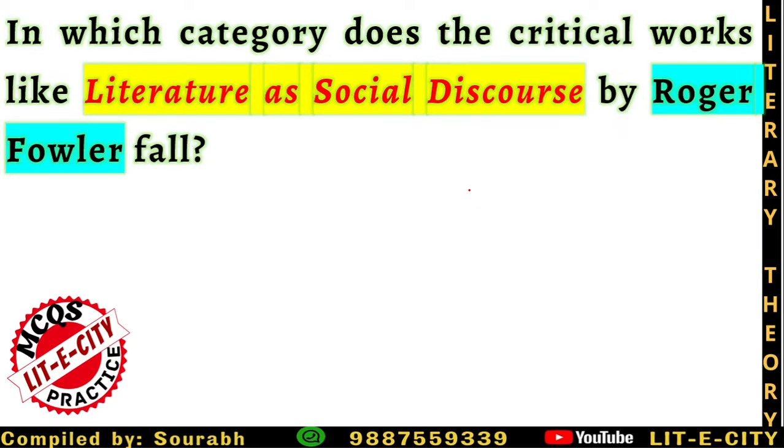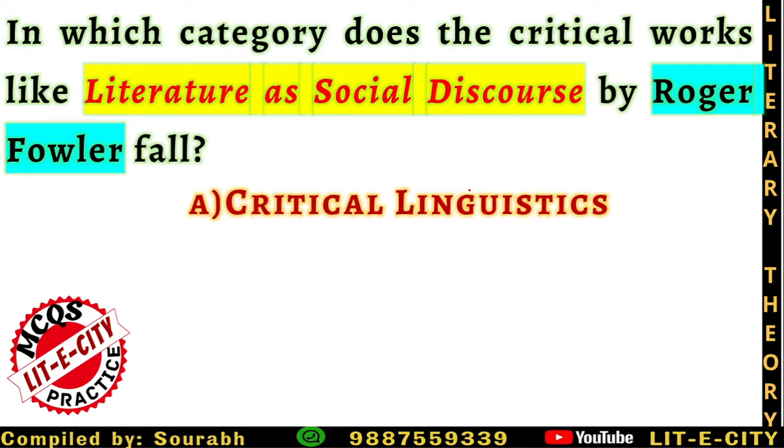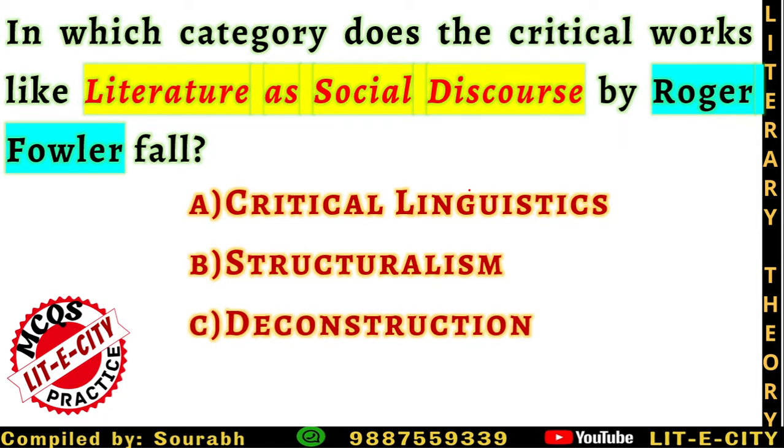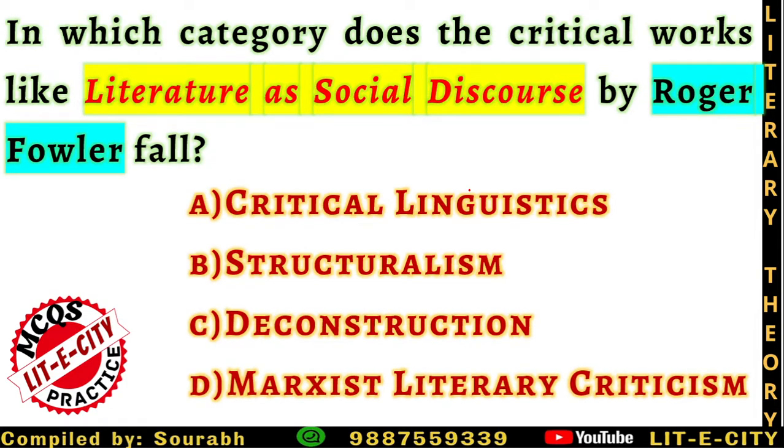His work, Literature as Social Discourse, has basically initiated a typical type of literary criticism. Is it critical linguistics? Second option is structuralism. Third is deconstruction. And the fourth one is Marxist literary criticism.